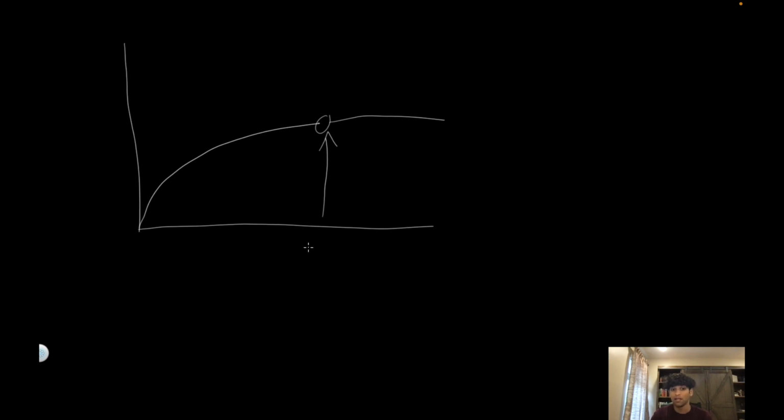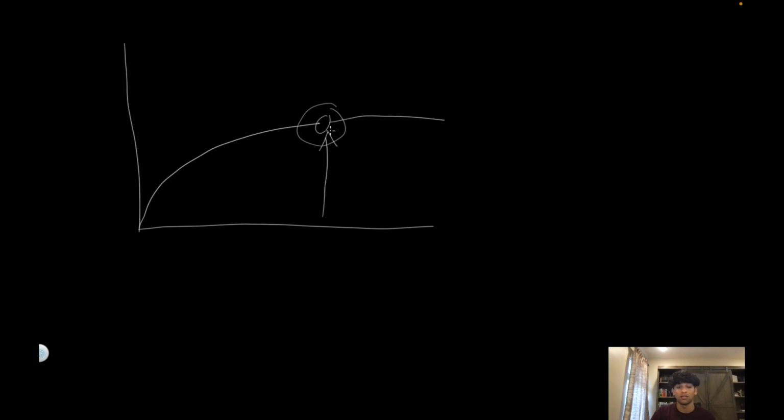Now, what makes a discontinuity removable, you might be asking? Well, all that means in simple terms is if you can take this discontinuity right here and do something to it, such as filling in the hole, and if that makes the graph continuous, then it can be classified as a removable discontinuity, as you just removed that discontinuity.